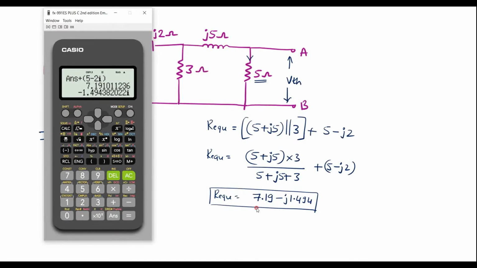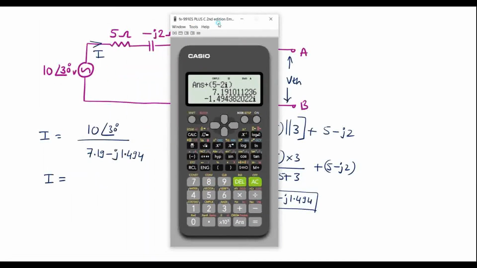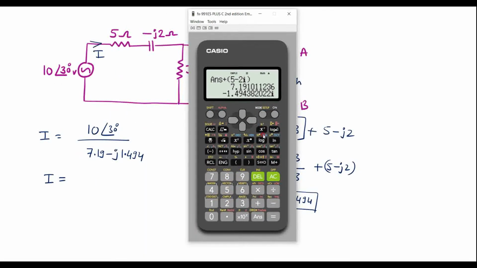So this is R equivalent. Here we can see that it is in the denominator, so let me take the inverse of this. This is the inverse value. It is multiplied with 10 into angle 30. Shift, use this symbol. Here we have angle 30. Close the bracket.